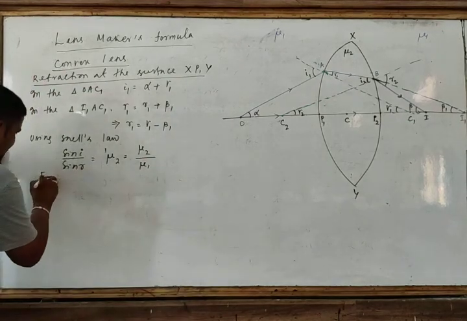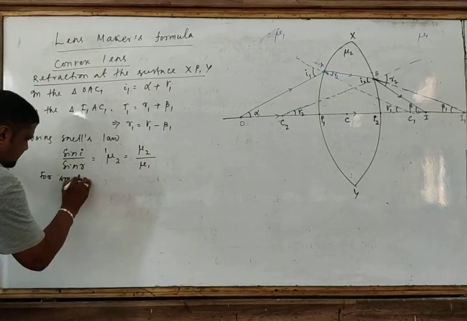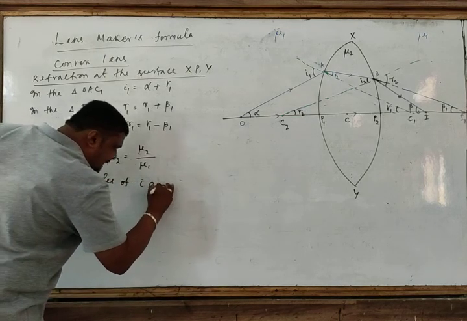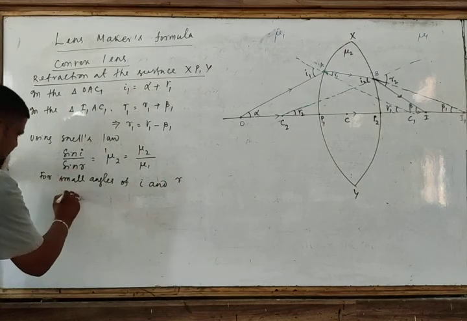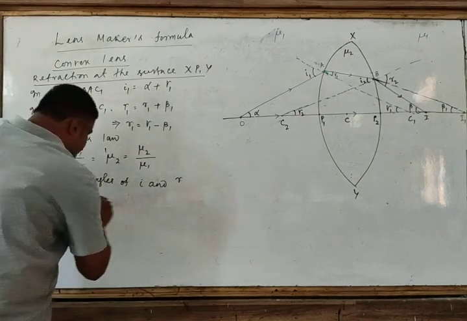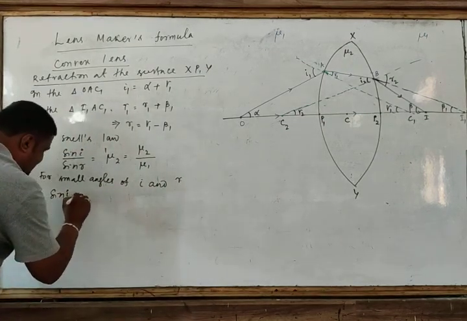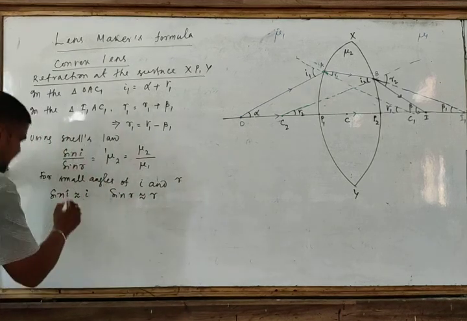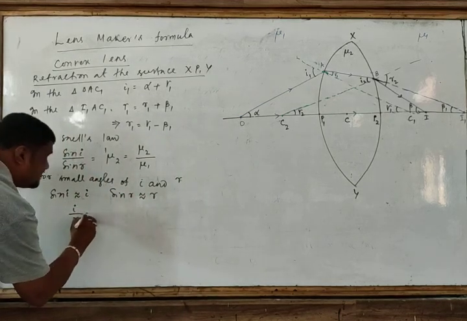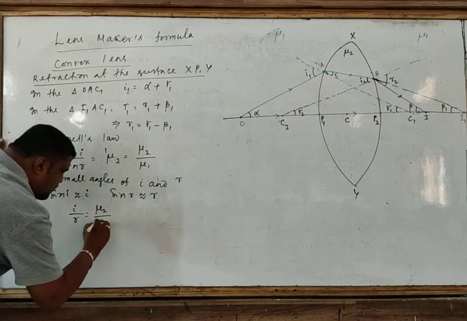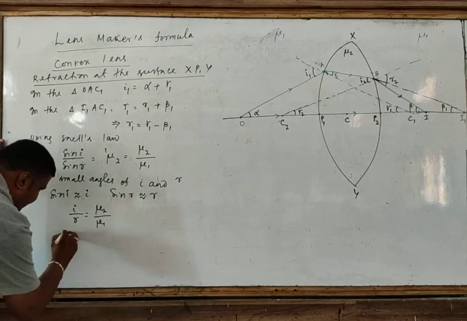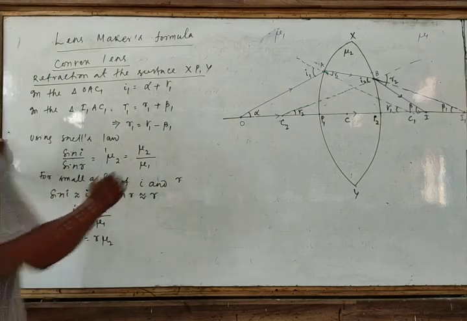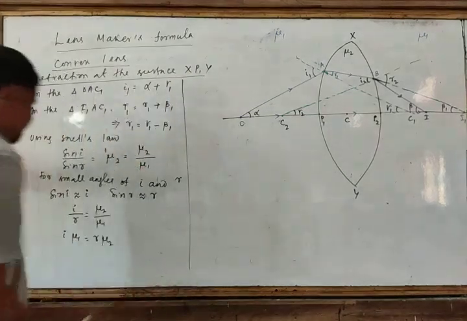Then for small angles of I and R, same procedure, sin I is equal to I, sin R is equal to R. So I can put I by R is equal to mu2 by mu1, or I into mu1 is equal to R into mu2. Now you put here, what is your I into mu1?